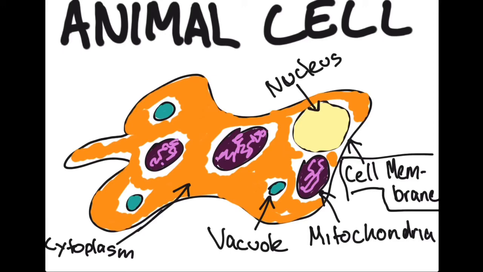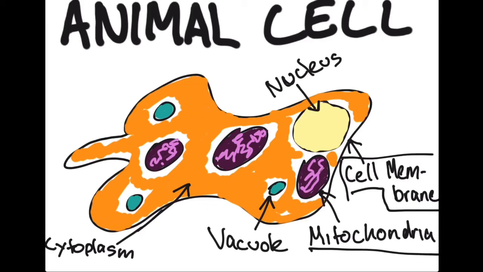The cell membrane has the same functions as it does in the plant cell. It just lets in things and lets out other things. And now there's mitochondria. Mitochondria actually act a little bit different than in a plant cell, because plants survive on light.